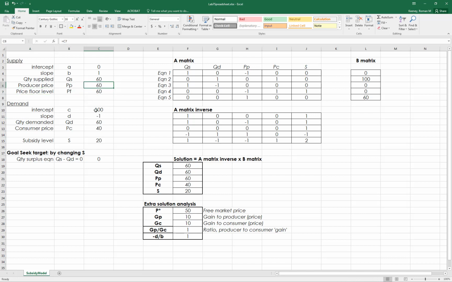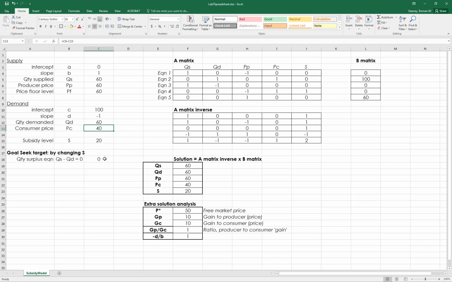On the demand side, we have an intercept and a slope, and then the quantity demanded depends on the consumer price here, and the consumer price is solved for in that price linking equation. That means take the producer price in C6, subtract off the subsidy level in C15, and you get the consumer price.